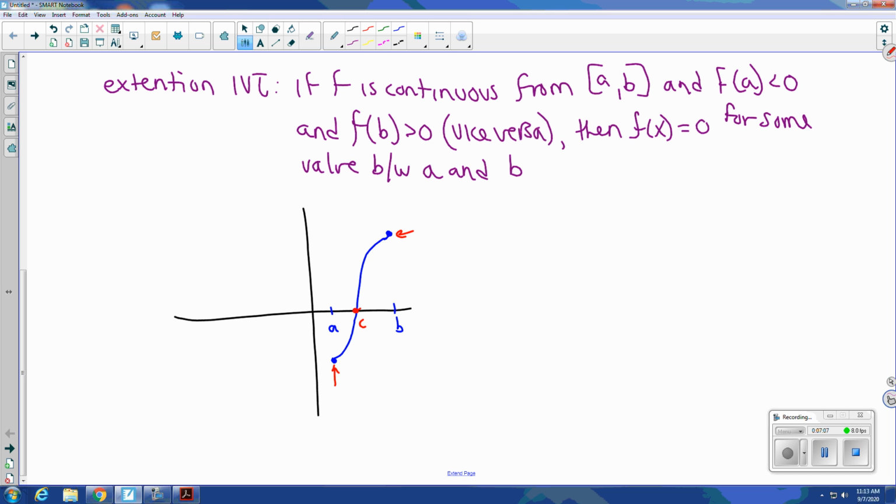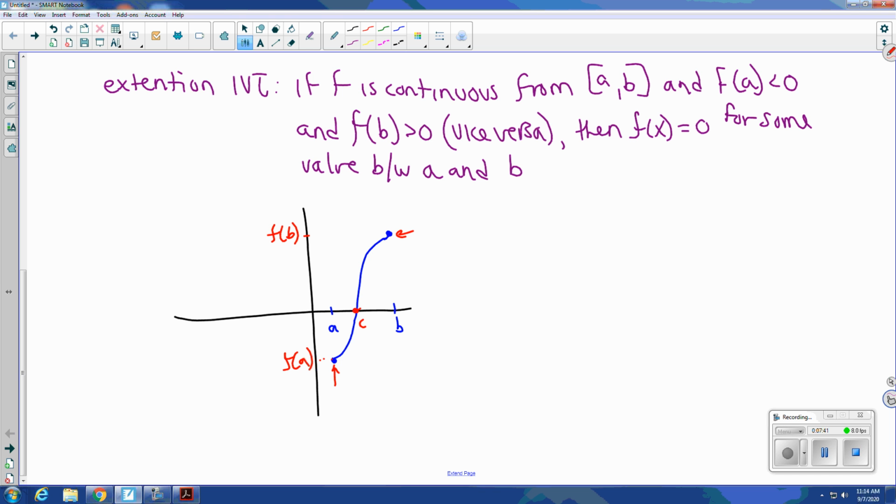It says that if we have an output of a function that's negative, and then we have another output of a function that's positive, then by the intermediate value theorem, f of x had to have equaled 0 at some point between those two outputs. Okay, so if you know one output is negative, here's our f of a, and you know another one's positive, then you know at some point between those two outputs, f of x had to have equaled 0 if this function was continuous.